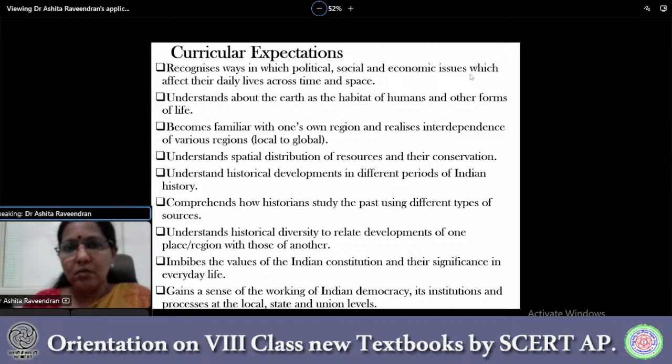Depending upon how historians study the past and how information is collected from different types of sources is very important, and the child needs to learn this so that they also start thinking like a historian.